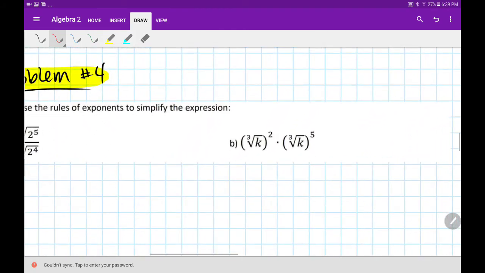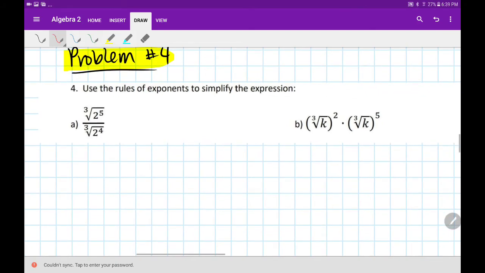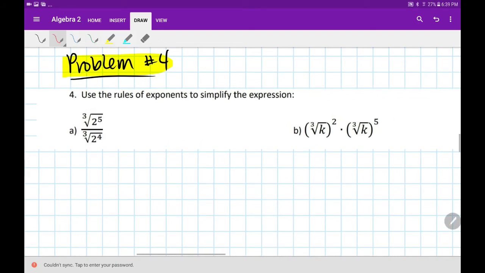So, last problem. Use the rules of exponents to simplify the expressions. Okay, so here's what I want to emphasize. This says use the rules of exponents. So before we can even do anything with this, we should probably convert our radicals into exponent form, or fraction exponent form.